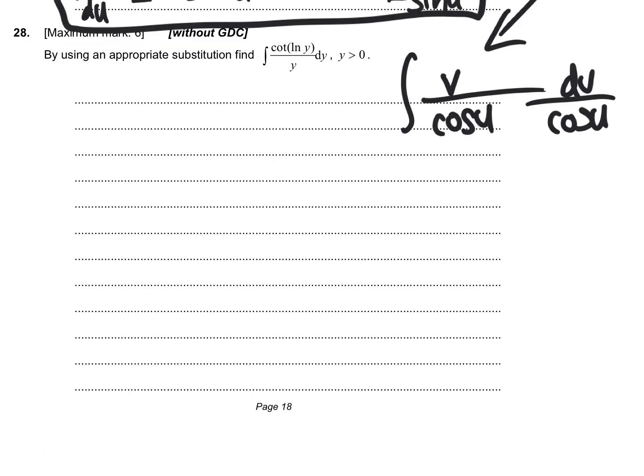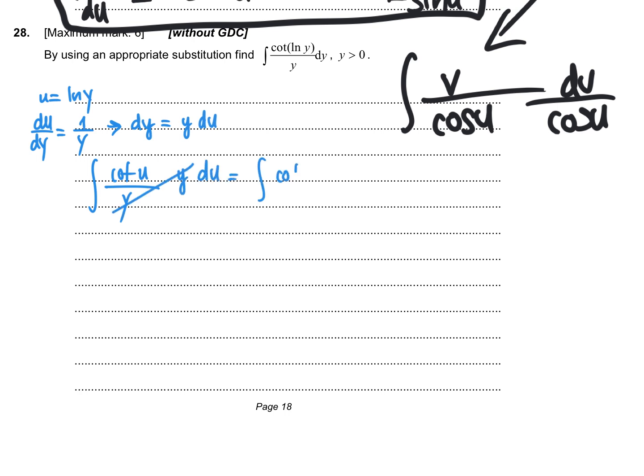Okay, so this one we will make u natural log y again. So du dy is 1 over y, which means dy is y du. So ours becomes cotangent u over y times y du, and those cancel.